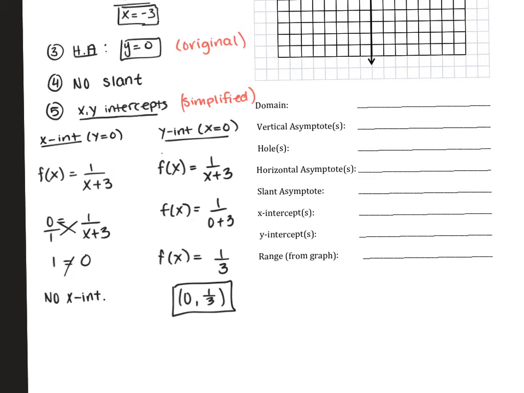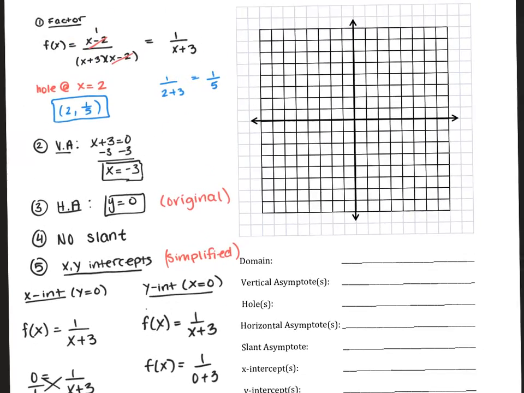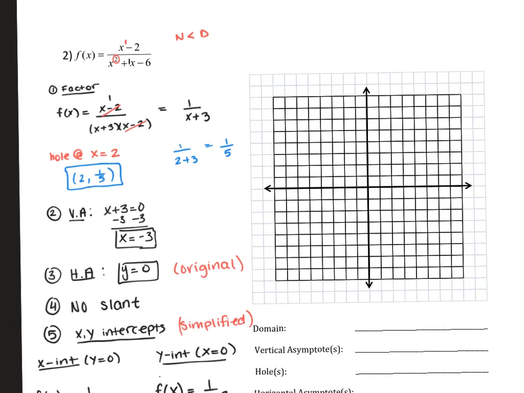Let's see if we can answer some of the parts that I had asked you to find. I asked you to find the domain. If we go back up to the top, the domain would simply be all the values except for the undefined values. My undefined values are my holes and my vertical asymptotes. So I have a hole at 2 and I have a vertical asymptote at -3.